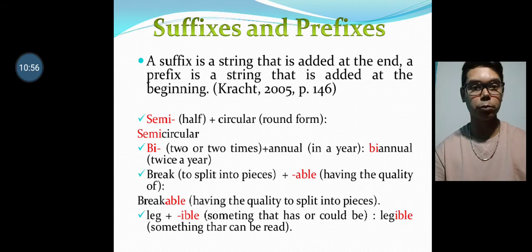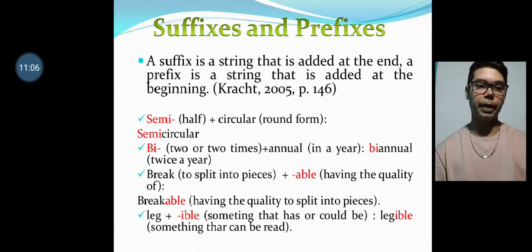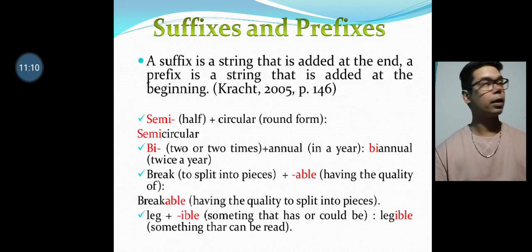We have biannual. We have twice a year, or breakable, okay? We have break, to split into pieces, and we add the suffix able, breakable, having the quality of, okay? So the breakable thing is having the quality to split into pieces.